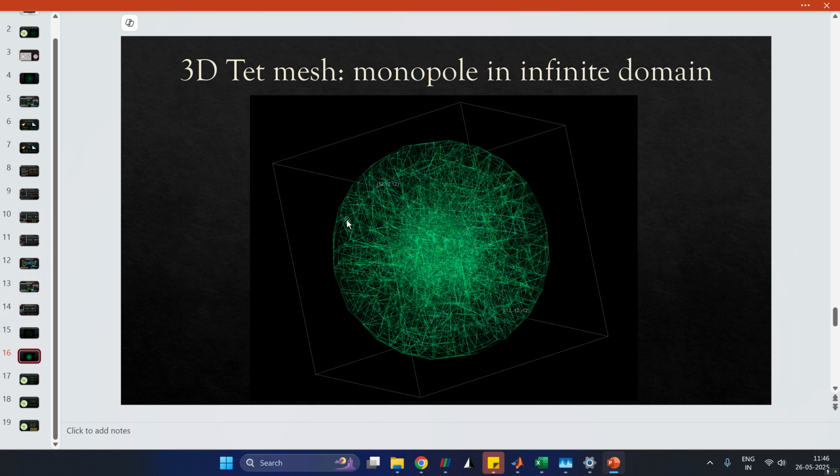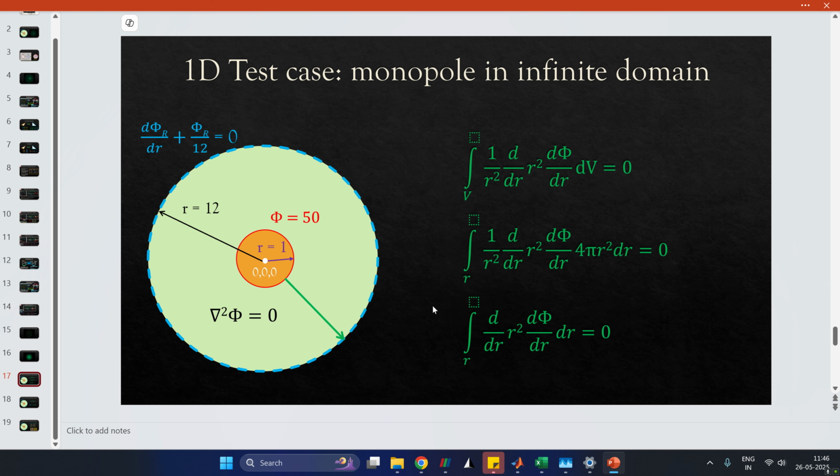To understand, we need to solve some test case, right? I have taken the very simple test case, monopole in an infinite domain. This is the test case which we started off with. Our initial session was one in which we solved a 1D problem in spherical coordinates, this monopole in infinite domain.